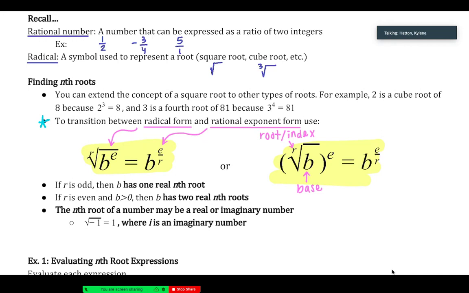And then the E stands for exponent. To change it from radical form to rational exponent form, the B becomes the base over here. The exponent becomes the numerator of the fraction, and the root or the index becomes the denominator of the fraction.